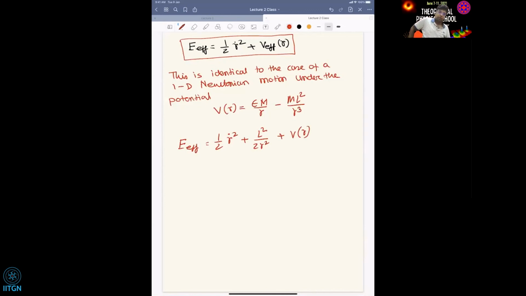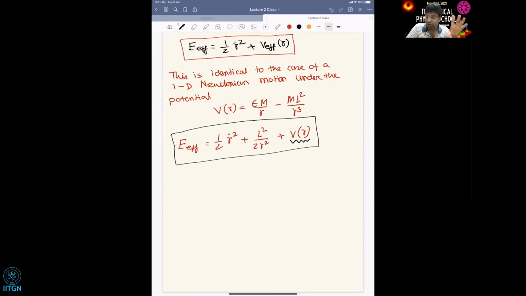If you remember your central force problem, we have converted the GR problem into a classical central force problem in Newtonian mechanics with a potential V of r. So there is an equivalency. The GR problem can be mapped into a Newtonian problem, but not with a 1 by r potential.